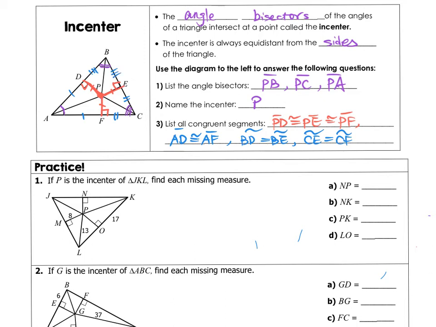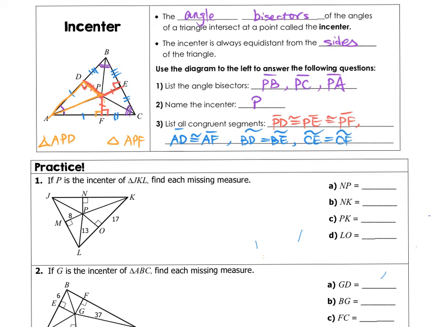Now, why is that? I'm going to prove it with one set of triangles. So if you look at triangle APD, which is right here, and triangle APF, which is right below it, notice that both of them are right triangles because of the distance between the incenter and the sides.